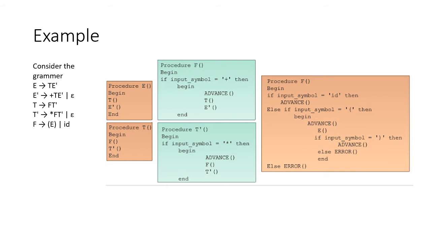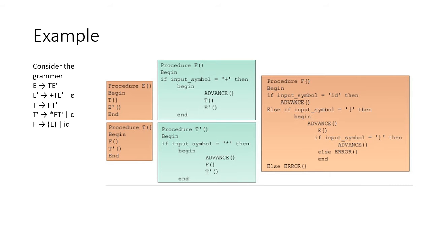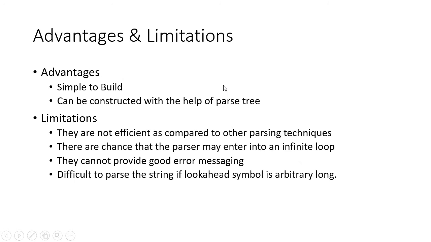They cannot provide good error messaging. It is difficult to parse a string if the lookahead symbol is arbitrarily long. Here the lookahead symbol is plus, which is fine, but if it is long, then it's very difficult to parse it. So these are the advantages and disadvantages of recursive descent parsing.